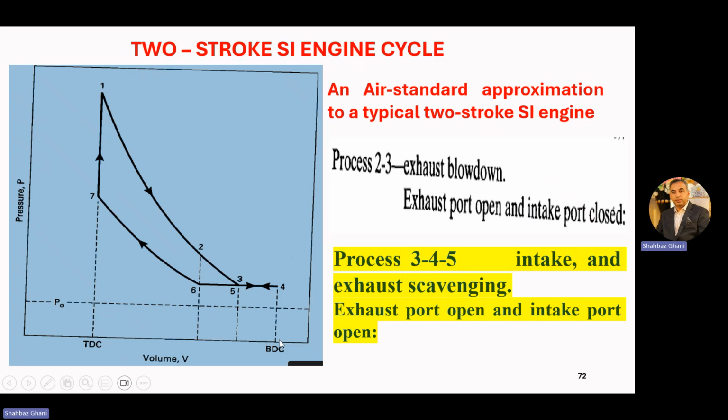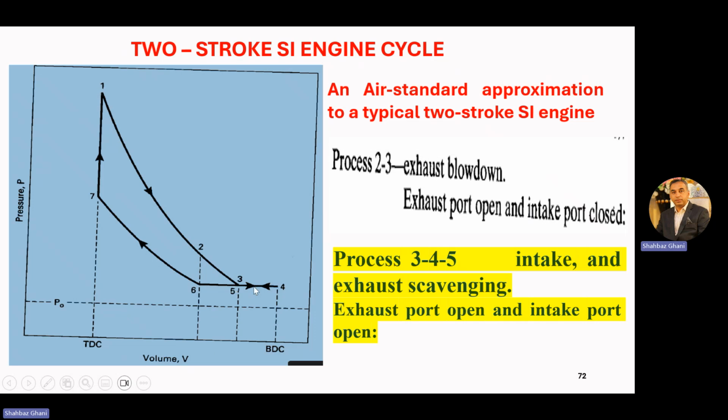Now the piston is at BDC, and it is moving back towards TDC. So it is pushing the fresh air-fuel mixture, and the fresh air-fuel mixture is heavier in weight, and the exhaust gases are lighter. So the heavier mixture is pushing the exhaust gases, which are lighter, to the exhaust manifold.